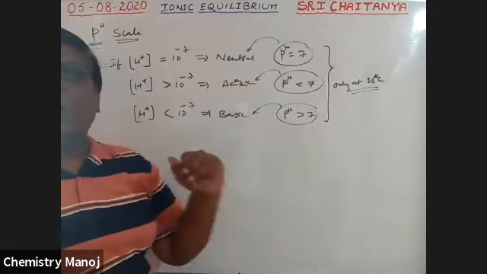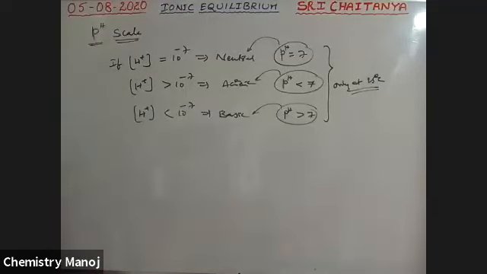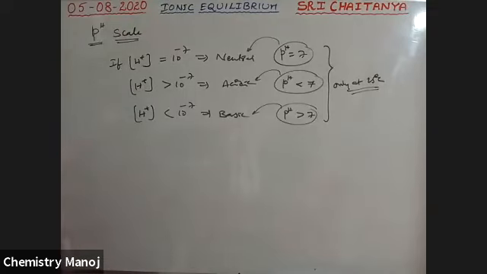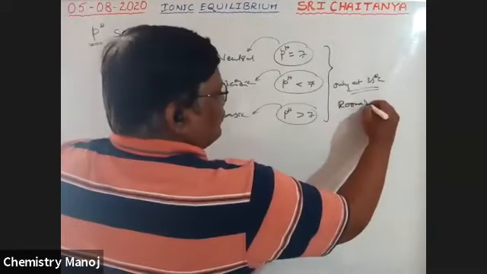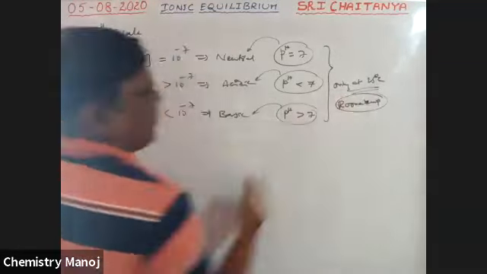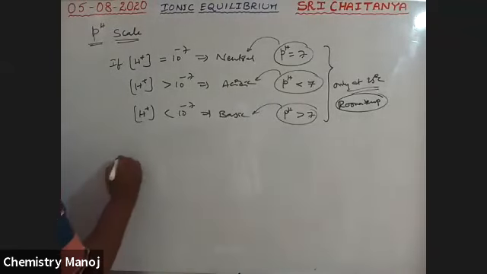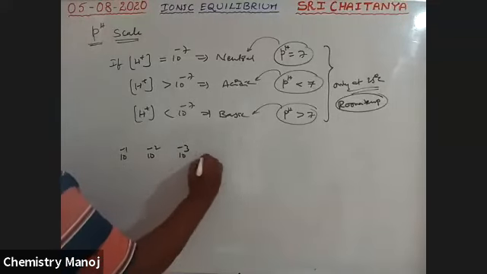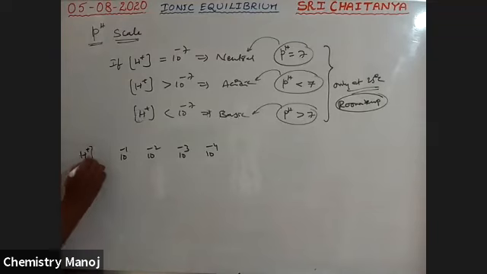Okay. So now, based on these conditions, I am using the pH scale that was designed by Sorensen, which is at room temperature, boys. So we are considering 10 power minus 1, 10 power minus 2, 10 power minus 3, 10 power minus 4. This is H plus concentration, my dear boys.